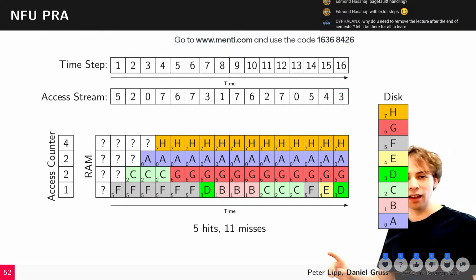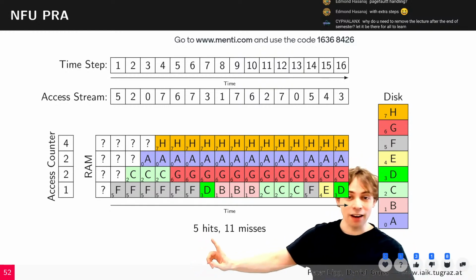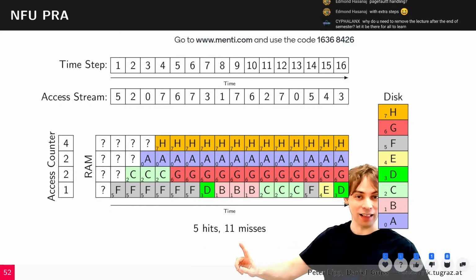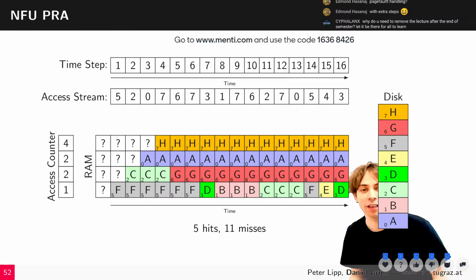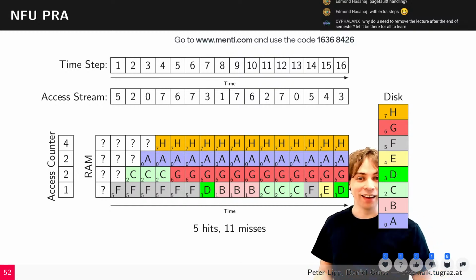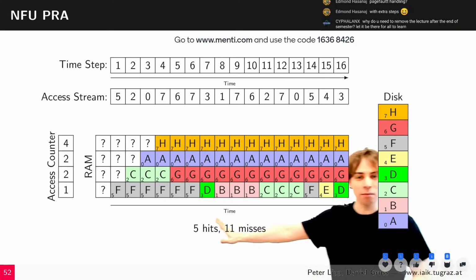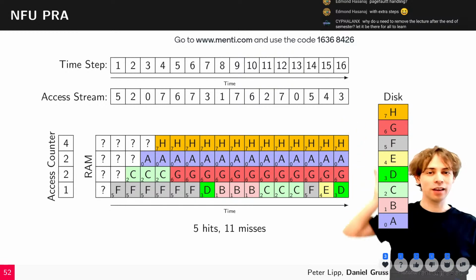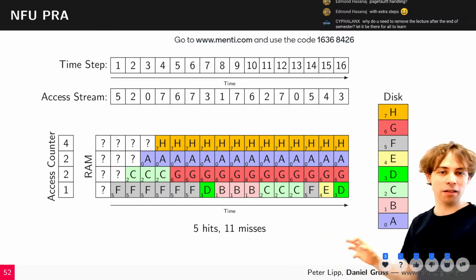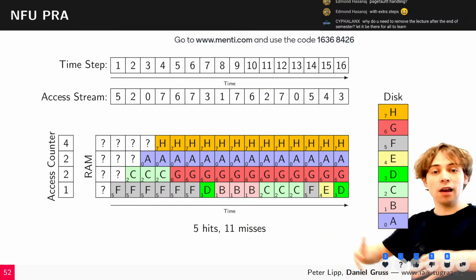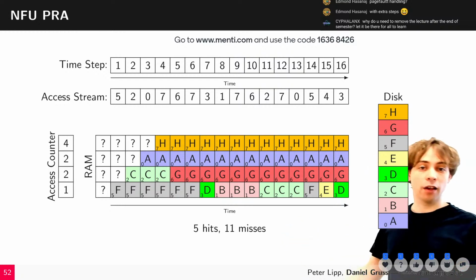And let's take a look at the numbers. This actually had 5 hits and 11 misses. So it looks as if this algorithm was really good. But you can clearly see that it's not good, right? So hits and misses with this small example might not even be the best metric here. We might need a lot larger access streams.